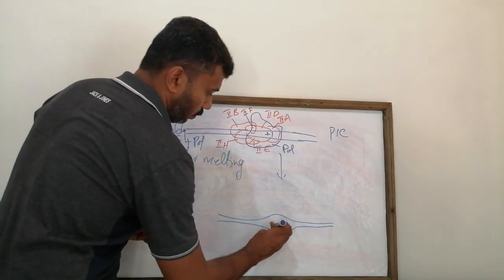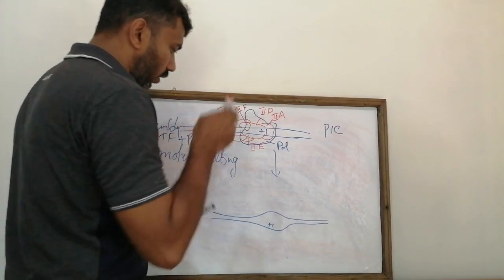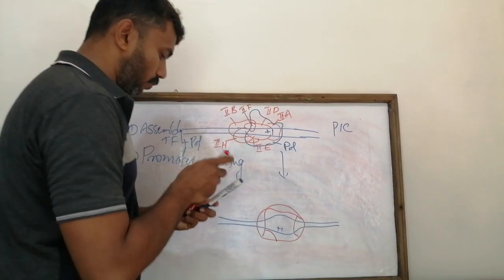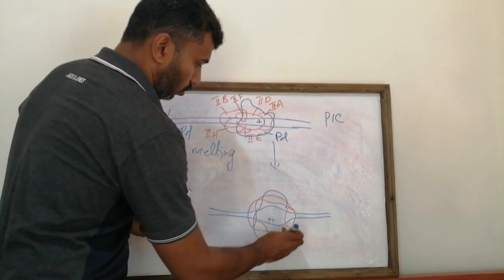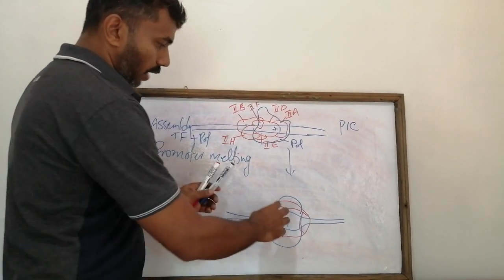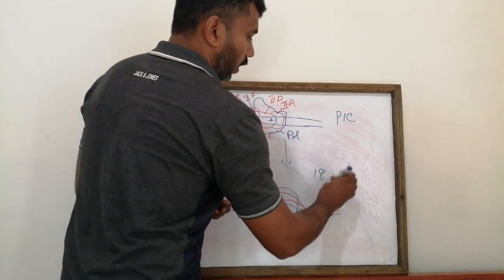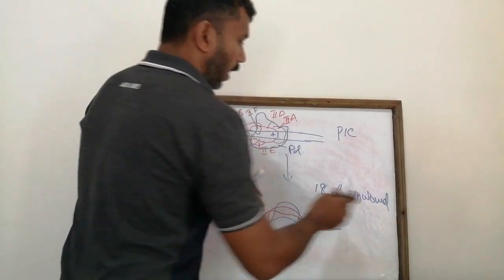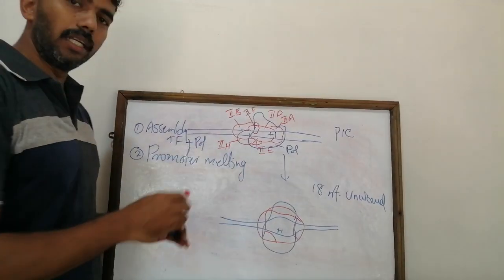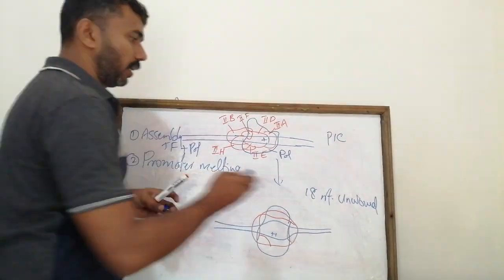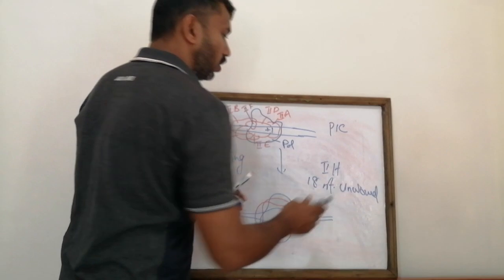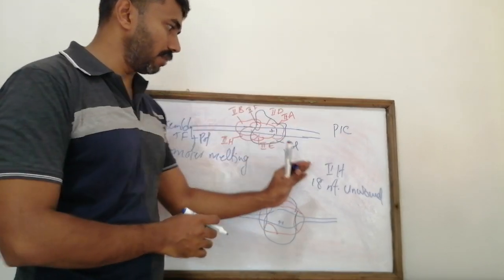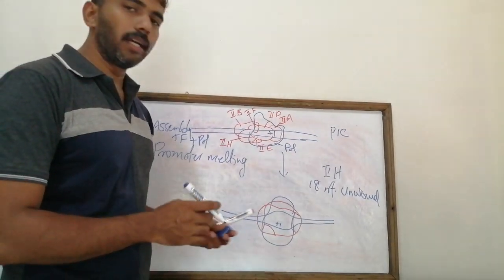The transcription factors and the polymerase enzyme are occupying over there, and an opening of around 18 nucleotides will be unbound. This unwinding is mediated by the helicase activity of TF2H. So the TF2H causes the unwinding. The entire complex is involved in the reaction, but specifically TF2H will be doing the helicase activity.